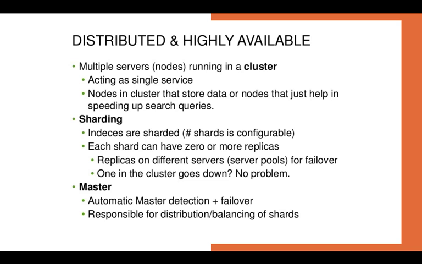The index is sharded, and each shard can have zero or more replicas, on different servers, that serve as failover. If one node in the cluster goes down, there's no problem because we have replication here. On sharding, we have a master or primary shard. If we want to read some data from Elasticsearch, we can read the data from a replica shard.